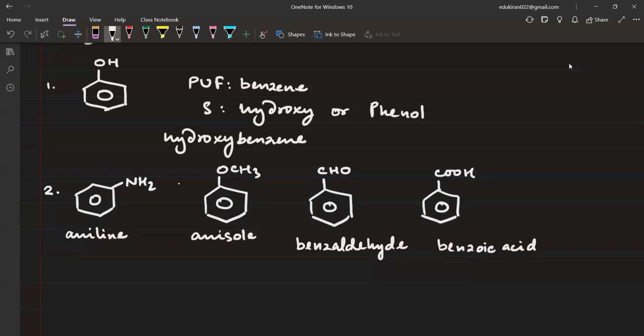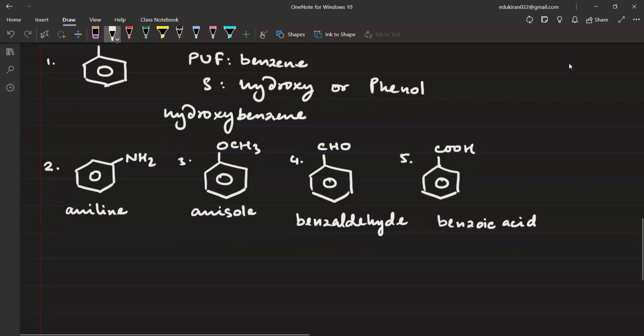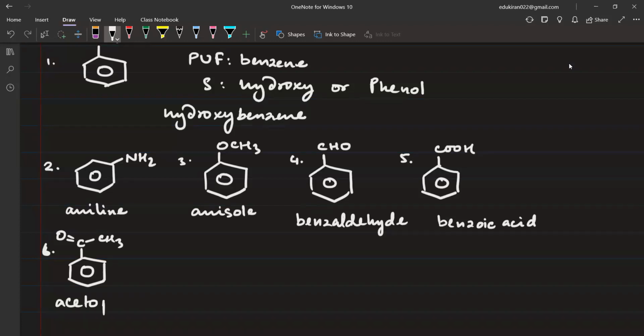Okay. So 3, 4, and 5. Now, second and third, these are a bit confusing. That's why I have written it here, aniline and anisole. And there is another one, the sixth one you can write, acetophenone. You have C double bond O and CH3 attached here. This is acetophenone.